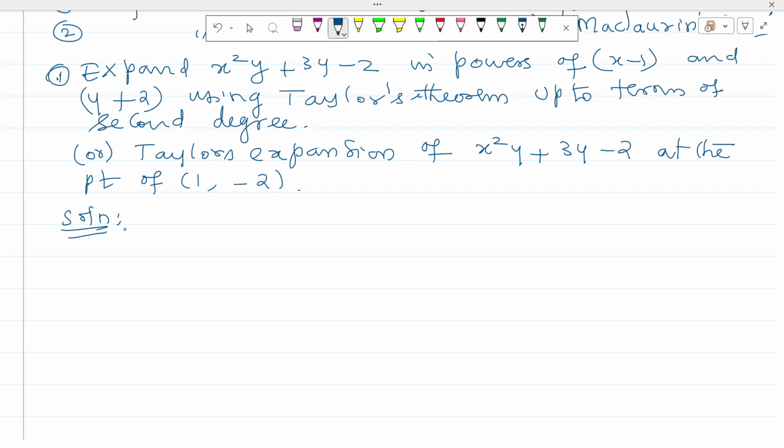So write the solution. See, generally when you are writing the solution, the very first step is you have to write the formula, because some marks are there for the formula, and it is also beneficial to recap that problem.